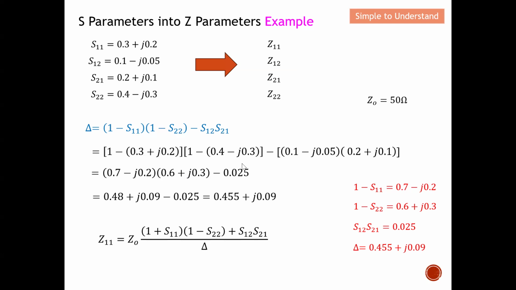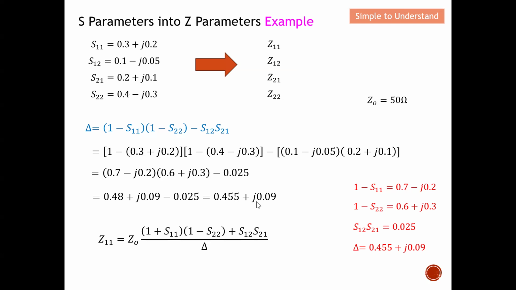I won't be able to go through all the mathematical explanation. I mainly want to focus on how we can convert the S parameters into Z parameters. Once we get this, we can simplify. Again, we punch the calculator on this part and we should get this part here. Then we minus this 0.025 and we get this term, which means that this delta is equal to this.